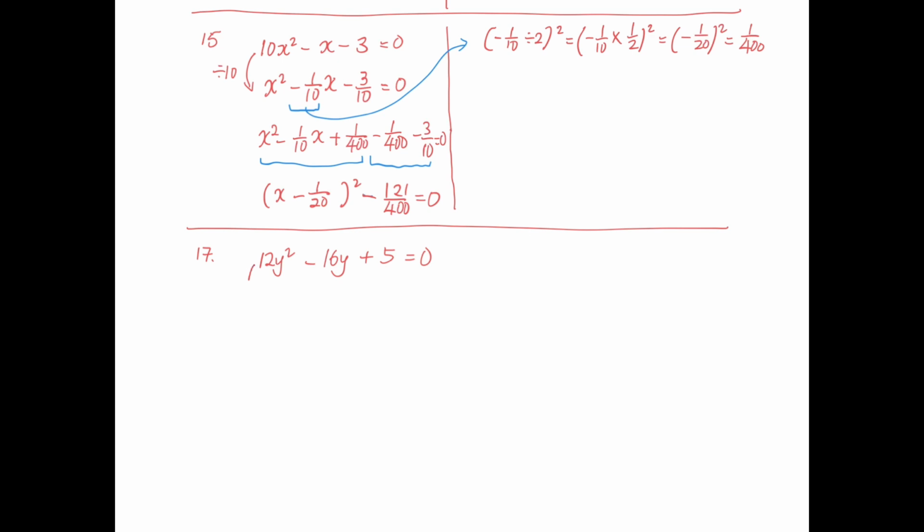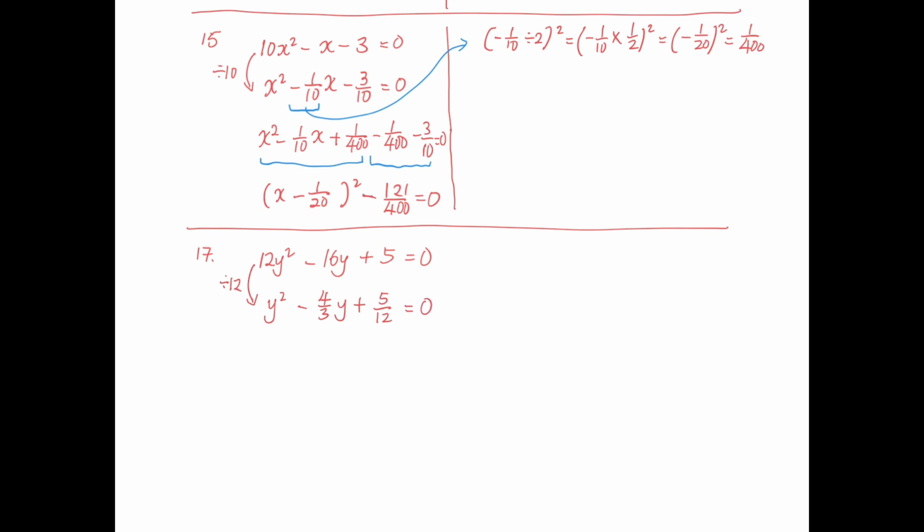So we divide by 12. So when you divide by 12, 12 over 12, it becomes y squared. And for the second term, we have minus 16 divided by 12. I'm using calculator to check. You get minus 4 over 3. And the third term, 5 divided by 12.